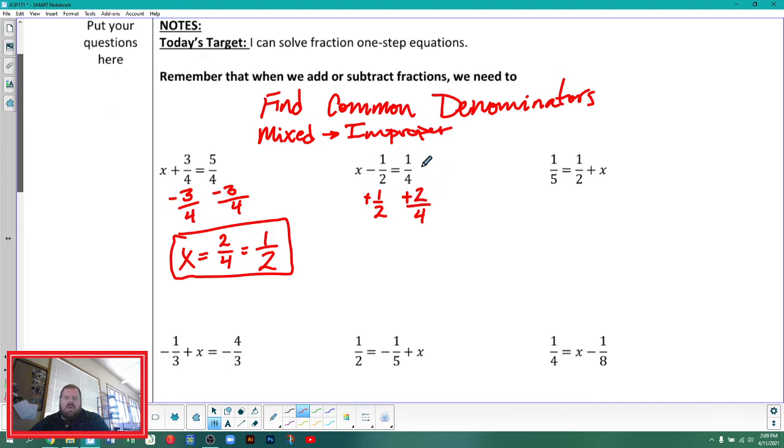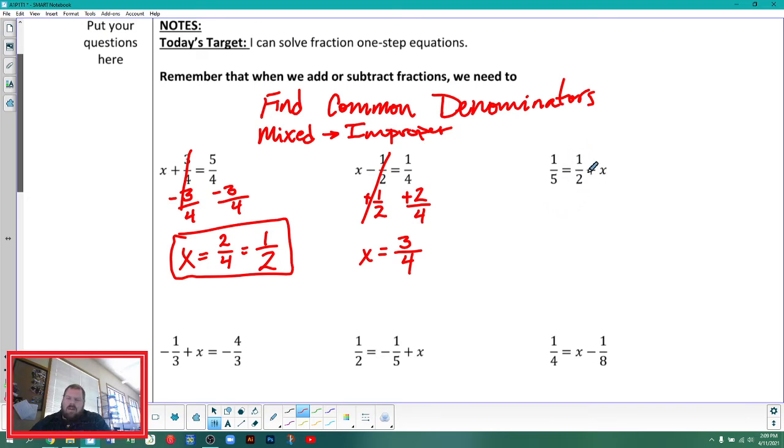Okay, that one I would typically take care of just like that. Then in adding that 1/2 to both sides, on this side it cancels out just like the 3/4 canceled out over there. And we have x is equal to 1/4 plus 2/4, 3/4. All right.